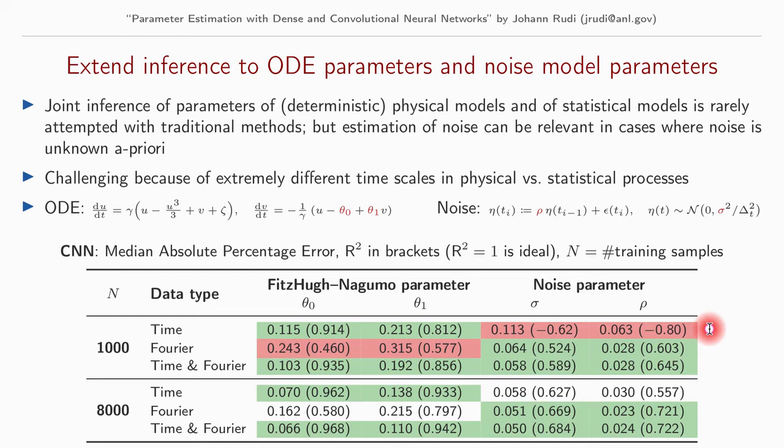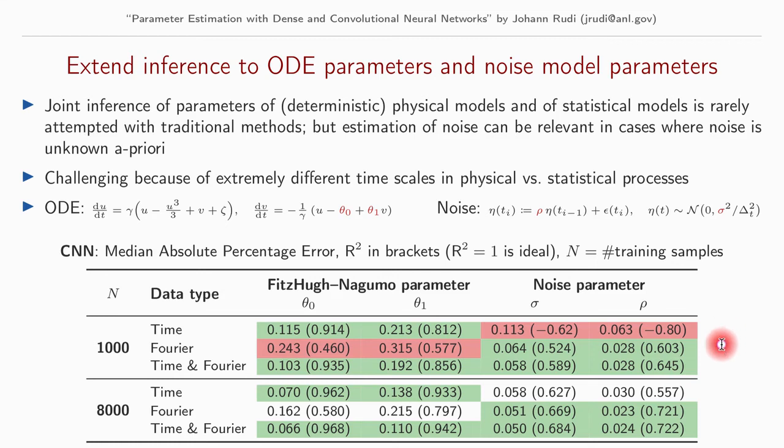The explanation for this is that the ODE operates at a vastly different time scale than this noise. These are the dominant signals when you add membrane potential and the noise, and so these tend to disappear when the network is optimizing.